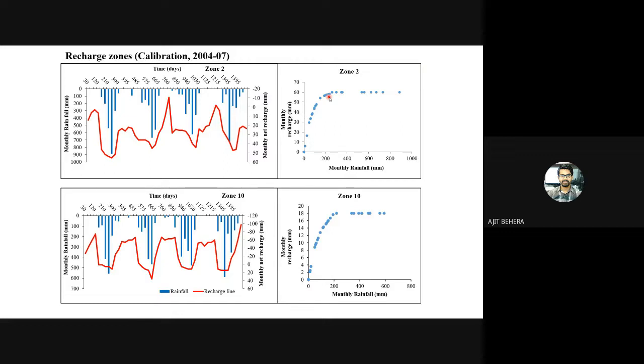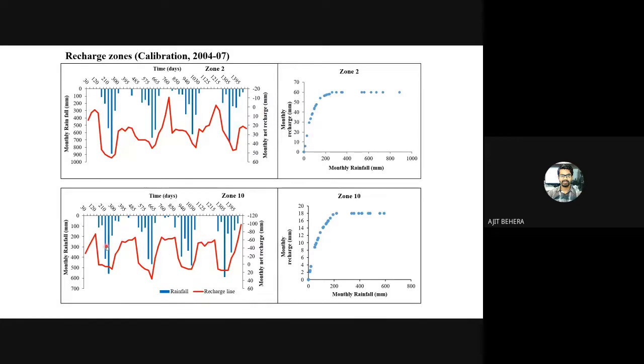This waterlog condition happens when no further recharge takes place, the pore spaces are filled with water, and there is no path to take this surplus water to a channel or sewage canal. Then the waterlogged condition happens.